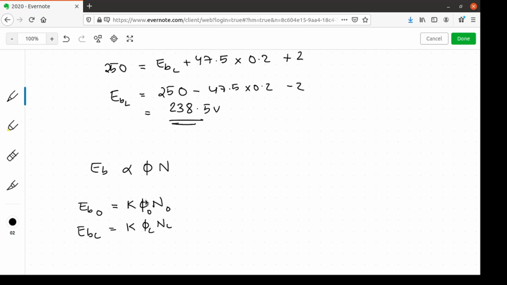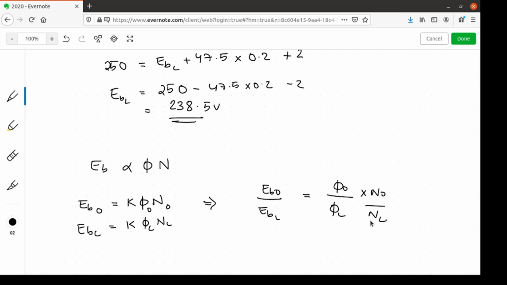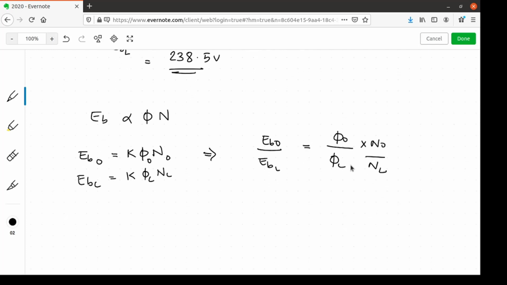We can divide these two equations to get EB naught divided by EBL equals phi naught divided by phi L times N naught divided by NL. Now we can take NL to the other side.